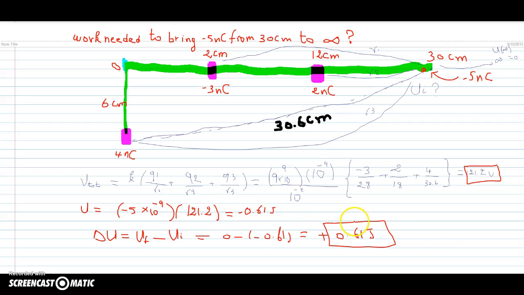All right. It is not joules, actually, it is microjoules. This is micro.